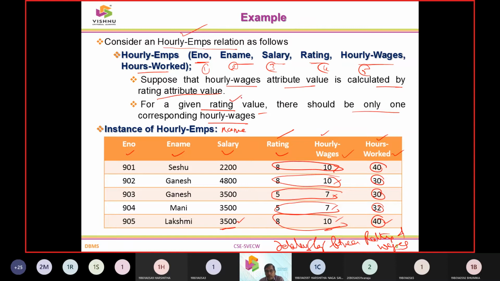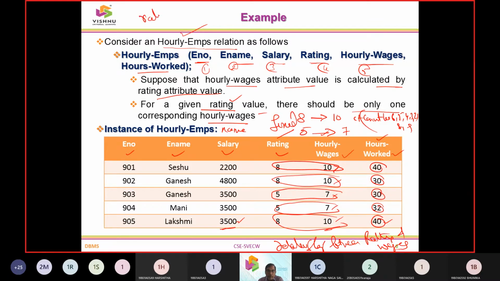That means if I give 8, the corresponding value should be 10. If I give 5, then the corresponding hourly wage will be 7. So it cannot be 6 or 5 or 4 or 3 or 2 or 1. It cannot be 8 or 9. The value here is fixed.